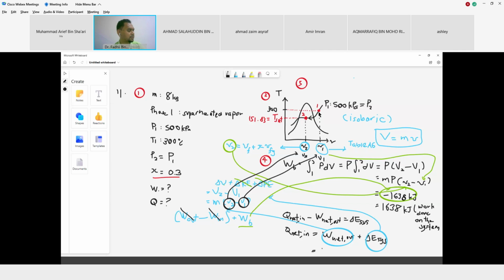The value for Q is minus 14.2, still negative. Okay, the answer for W.